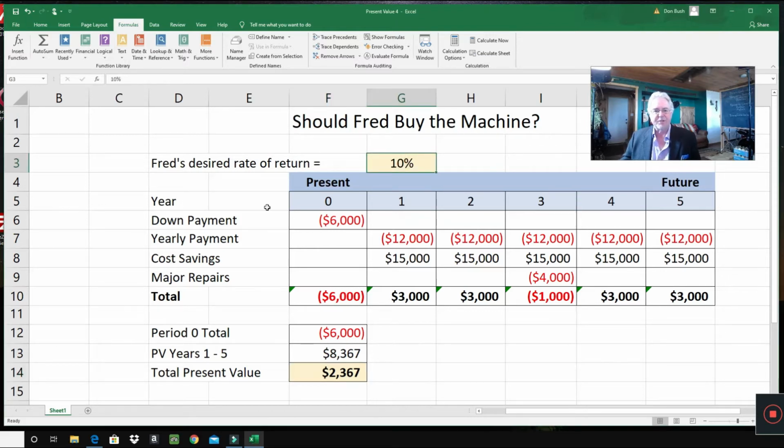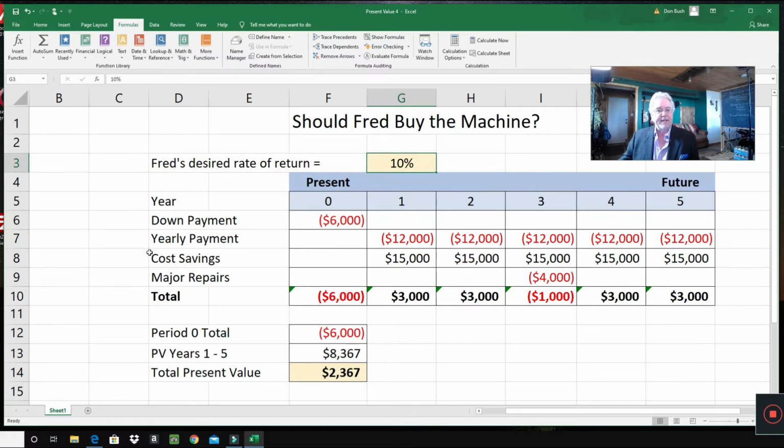Now, also with talking with Fred, we found out that there's going to be these cash flows associated with this machine. For instance, Fred told us that he needs to make a down payment of $6,000 right there. And it's written as a negative number because it's a cash outflow. Cash outflows are negative, cash inflows are positive.